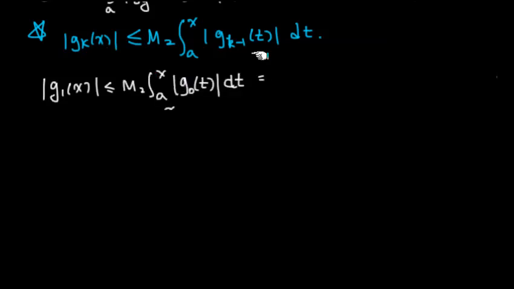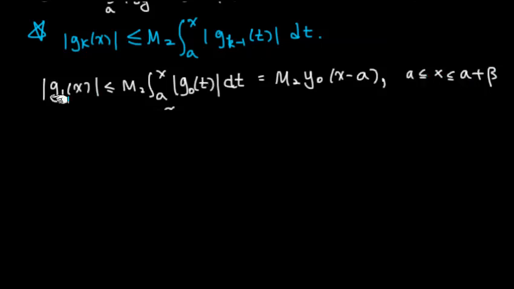Because of this relation, g1 is less than or equal to m2 times this integral with g0. If you think about g0, that's the very first term in the series, so that must be the constant y0 here. So that's a constant, so the integral of this one is simply y0 times x minus a, while x is still varying in that box.